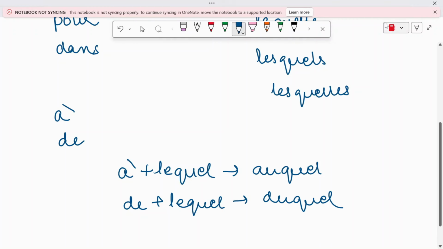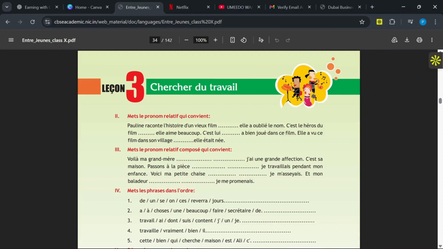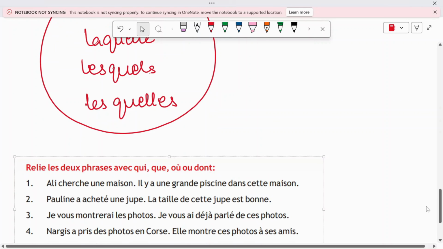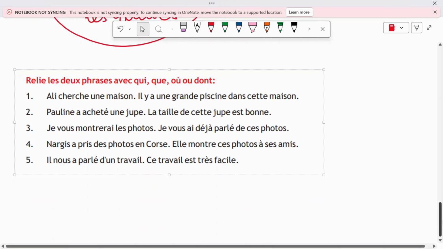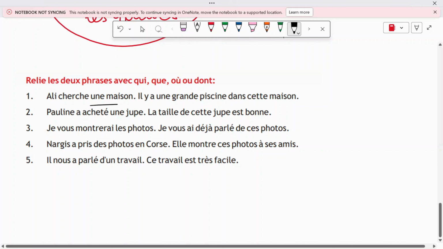The first question is around qui, que, où or dont. So let's do this one. Ali cherche une maison. Il y a une grande piscine dans cette maison. If you notice, maison is being repeated in the second sentence.